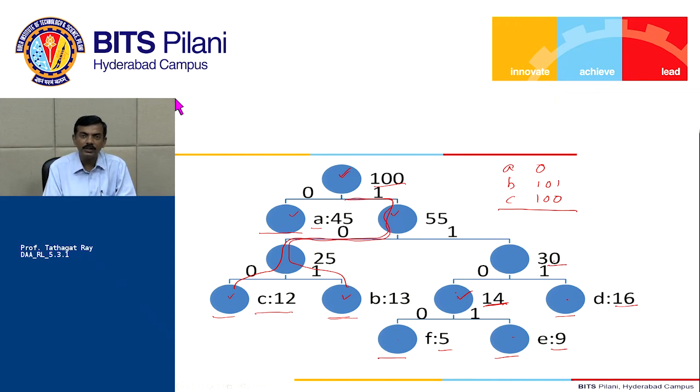This internal node has frequency 30,000. Similarly here, this is 12,000 and this is 13,000, so this is the parent node of these two children, and it is 25,000. 25,000 and 30,000 together make 55,000. 55,000 and 45,000 make 100,000. That 100,000 is our total number of characters. So these are the frequencies, and you have nicely represented your prefix code using this binary tree.